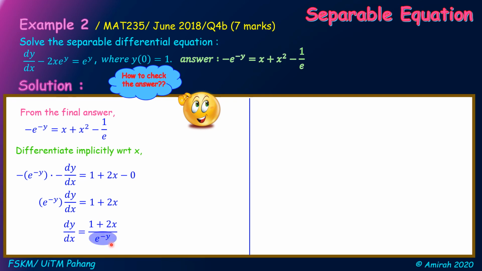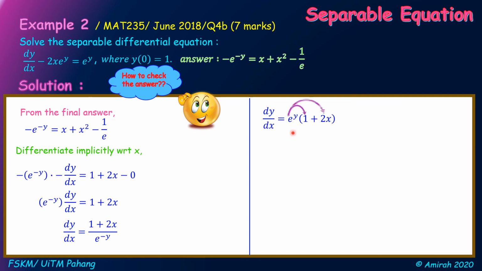After that, we move e to the power of negative y up to the numerator using the properties of indices. So we have dy over dx equals e to the power of positive y times 1 plus 2x. When we move from the denominator to the numerator, the negative exponent becomes a positive exponent.